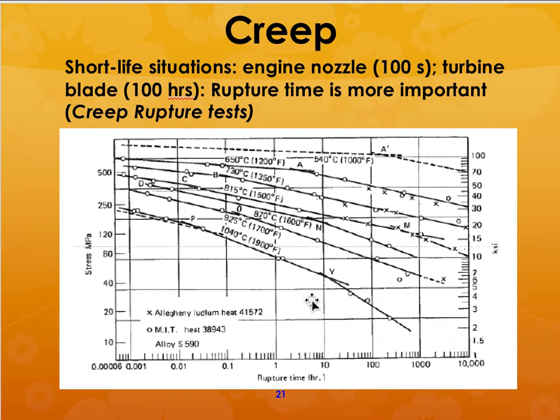So if you want this component to last forever, then you cannot apply more than 10 megapascals. So it really decreases the engineering usefulness of this component if you want to use that at that temperature and stress level. Otherwise, you have to change the composition of your alloy.